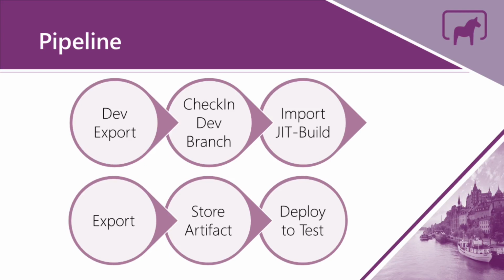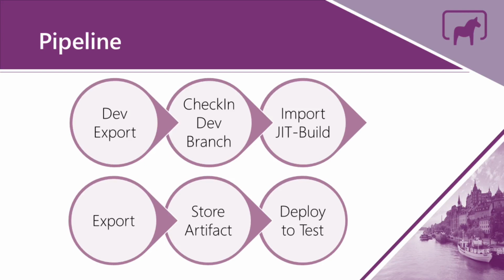For demo purpose, it's not just in time, but this will come in a different video later. Then we want to export it from there as a managed solution, publish this managed solution as an artifact in our pipeline or DevOps, and then take this one and deploy it to our test environment.